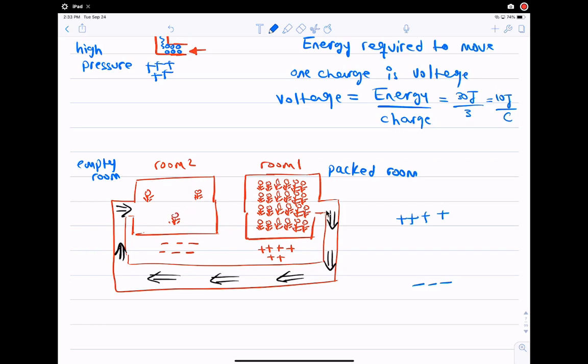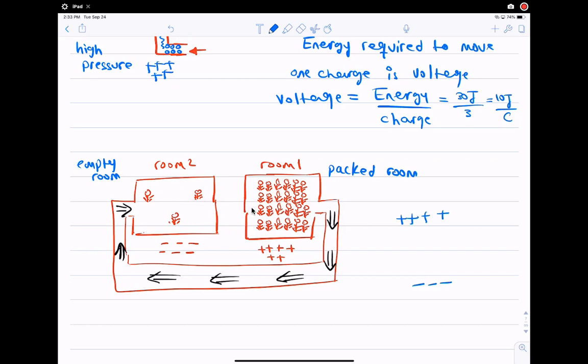Okay, if there is a narrow path here between the 2 rooms, then you can think of this path as wires. Then there's a closed path, and here it's the battery. This is the positive side, this is the negative side. When we connect them, people would start moving in this path to go to the lower potential room, correct? This is the battery.